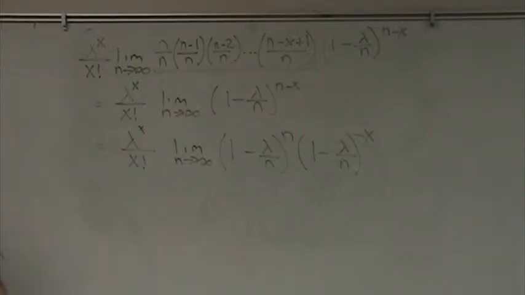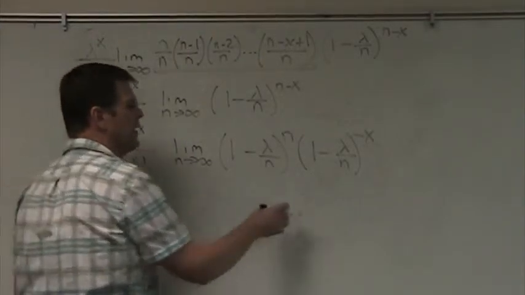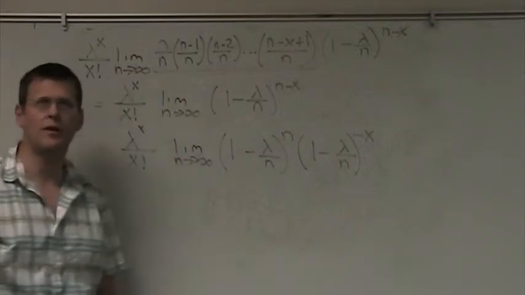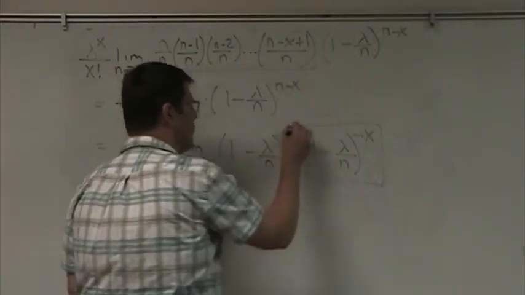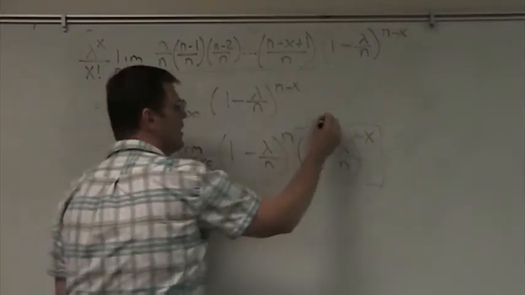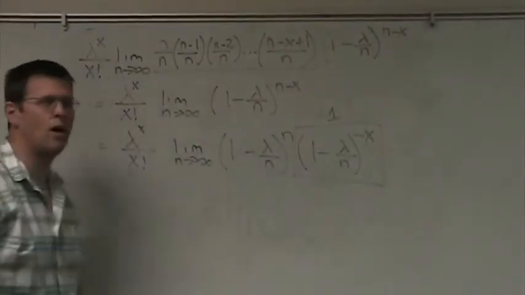Now again, x is finite, n is going to infinity. Since n is going to infinity, lambda over n is going to 0, and hence this term right here, just like all of these terms up here, is going to 1.